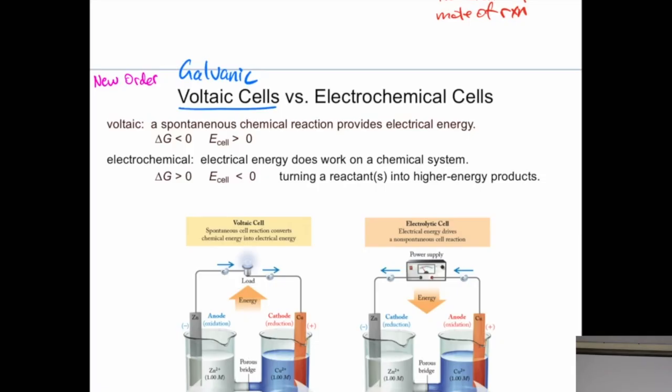Those words are interchangeable. They're named after the people who invented these. I even have their names written down here. This is Alessandro Volta. I have to look at how it's spelled. Not that I would give you an exam question on this. Or Luigi Galvani.